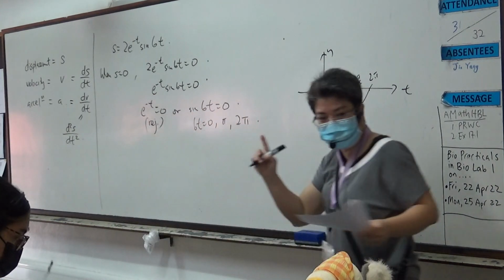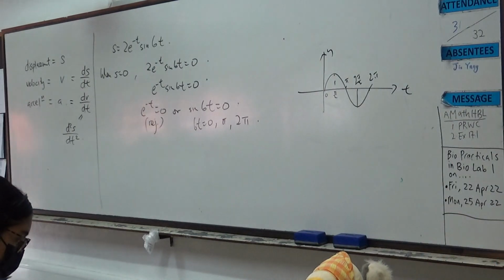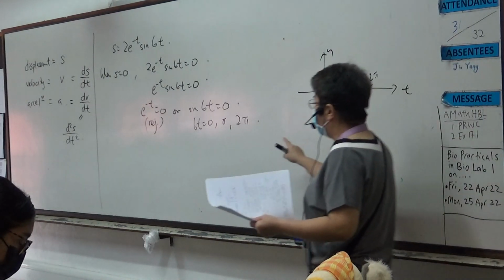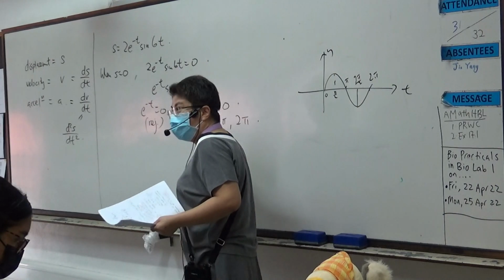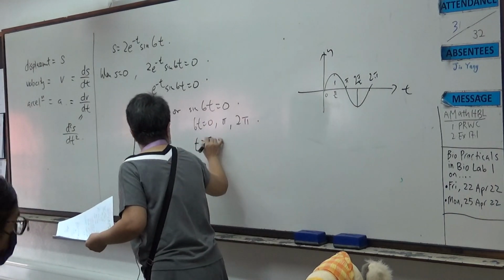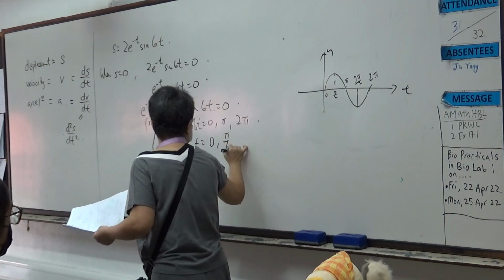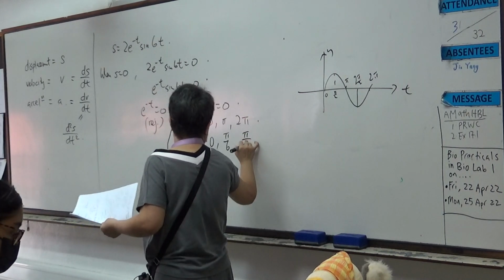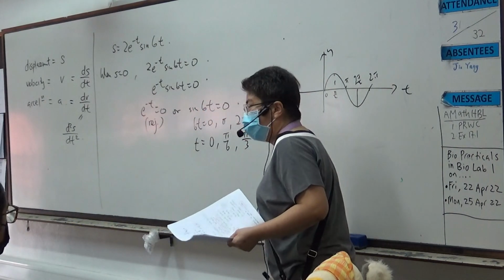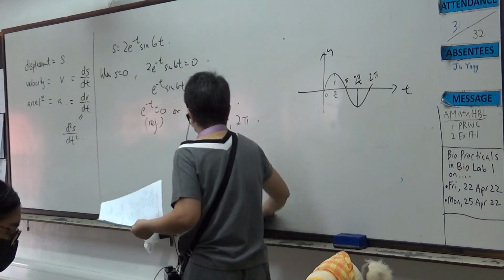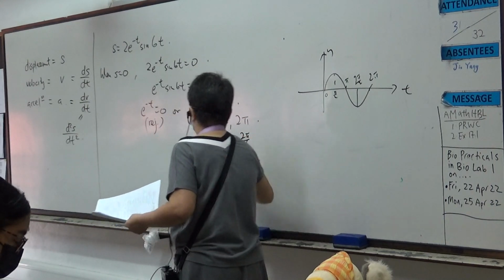But what does the question say? Let's take a look at the question again. When the particle first returns to O, so it cannot be 0, because if it's 0, t will be 0. Then pi over 6, then what is this? Pi over 3, right? 2 pi over 6.